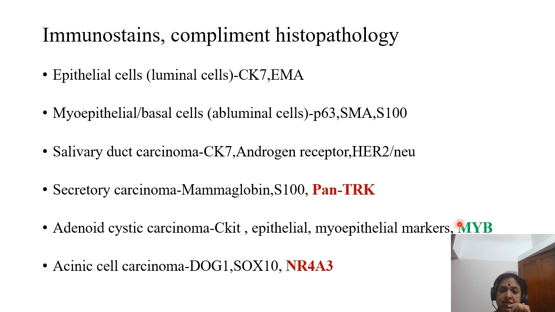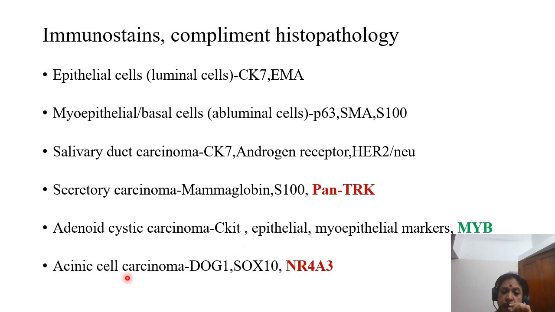But this IHC unfortunately is not that specific, though it is highly sensitive. The specificity is actually around just 50 to 54 percent, so in difficult cases, when it is inconclusive, we may have to resort to molecular tests for confirming the adenoid cystic carcinoma.